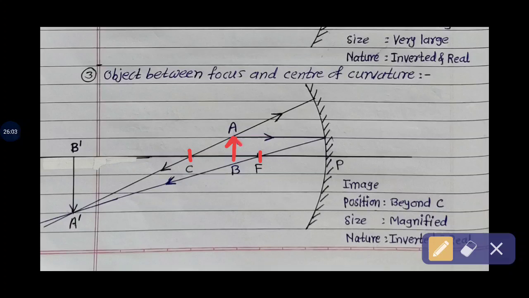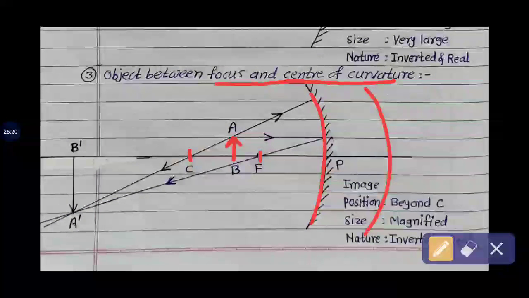So your images go outside the page also. So this mirror we are shifting slightly. Remember this position, object placed between focus and center of curvature. So instead of this position, we are drawing the mirror slightly on the right hand side of the page, especially in this third case. Clear, all of you?